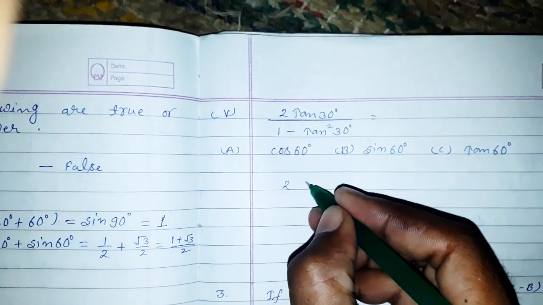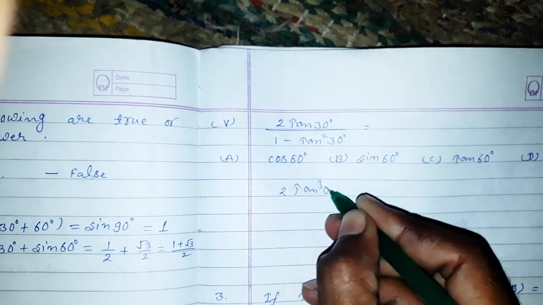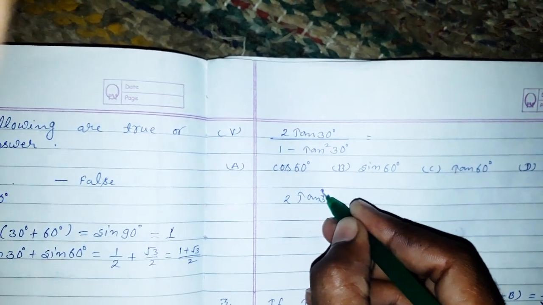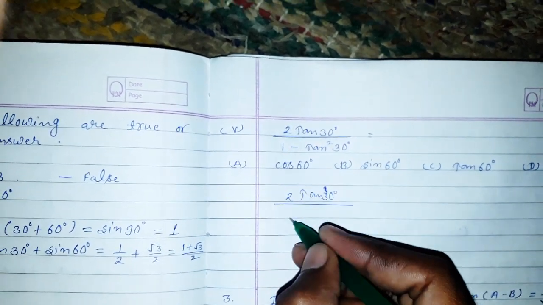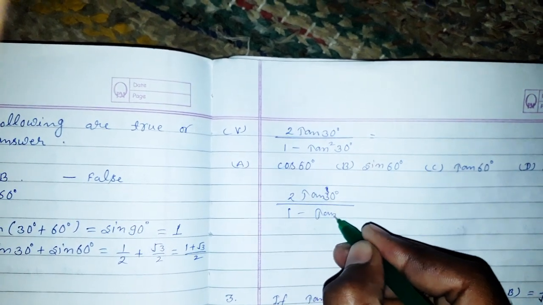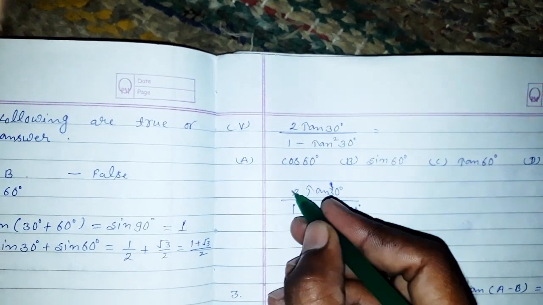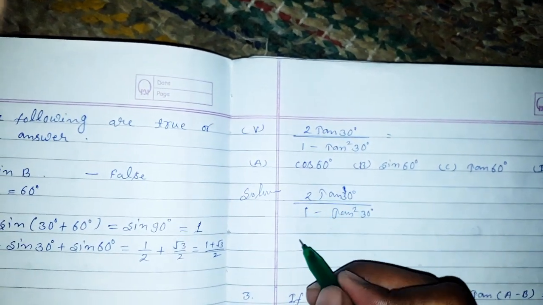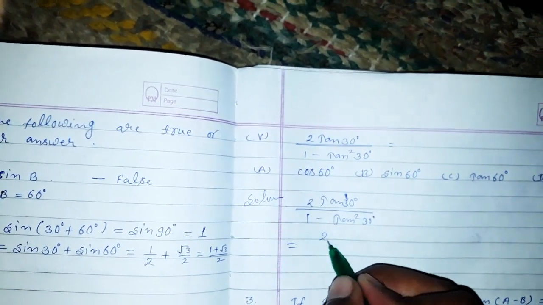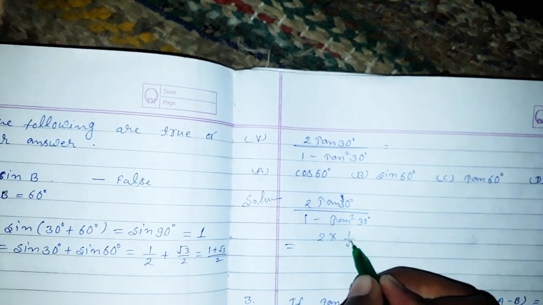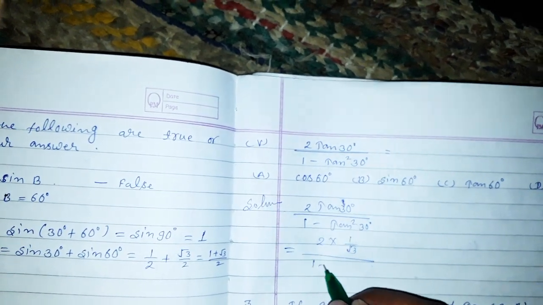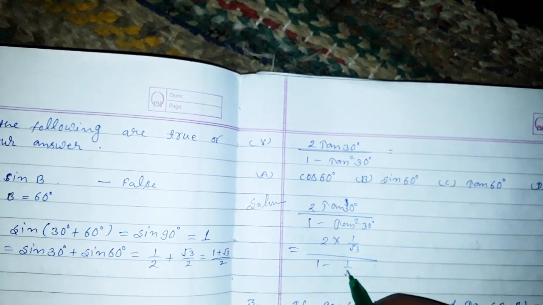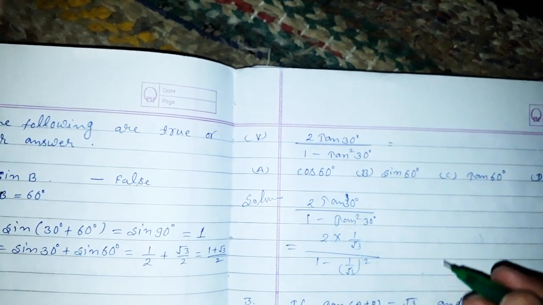Here 2 tan 30 degree upon 1 minus tan square 30 degree. So put the value of tan 30. Tan 30 is 1 upon root 3, 1 minus 1 upon root 3 square.